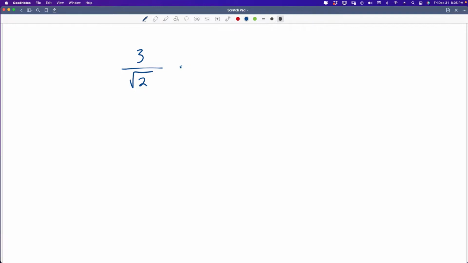So what we would do is multiply the numerator and the denominator by the radical that was in the denominator. We would end up with 3 times the square root of 2 over 2, right? Because a radical times itself becomes the number underneath the radical sign.